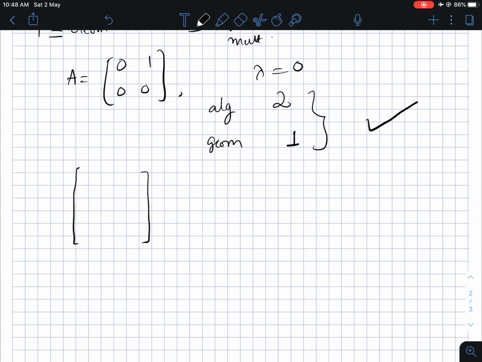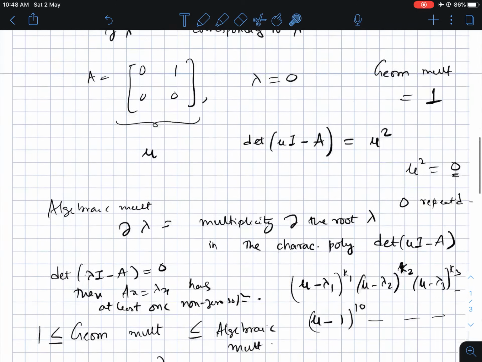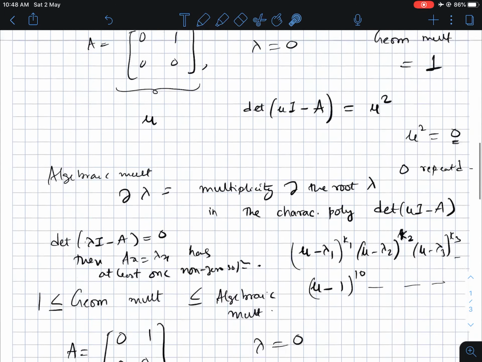I'll construct it by taking the 2 cross 2 block that we just discussed and adding another 1 here. So it's like a block matrix construction.